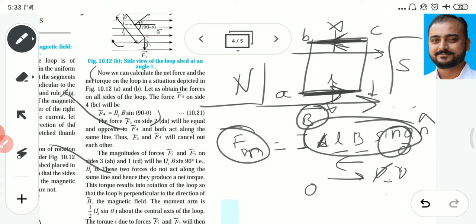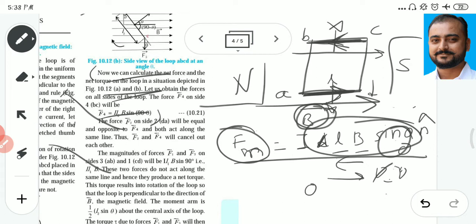So there is no need to consider all these things. It's very simple, you should just write this relation. According to this, the magnetic field is parallel and anti-parallel to the length of the wire in the case of AD and BC respectively, and therefore the force acting on them due to the magnetic field is 0.